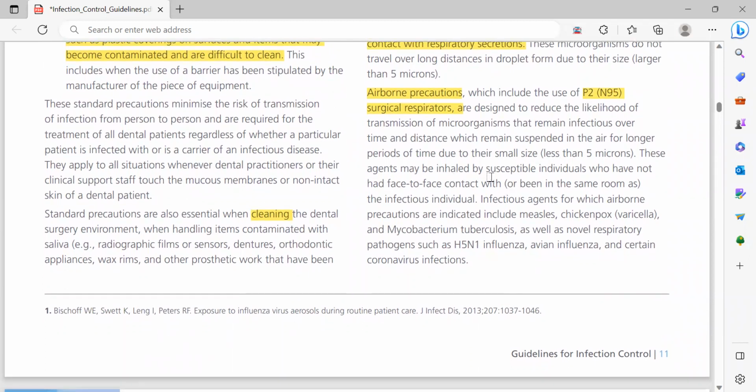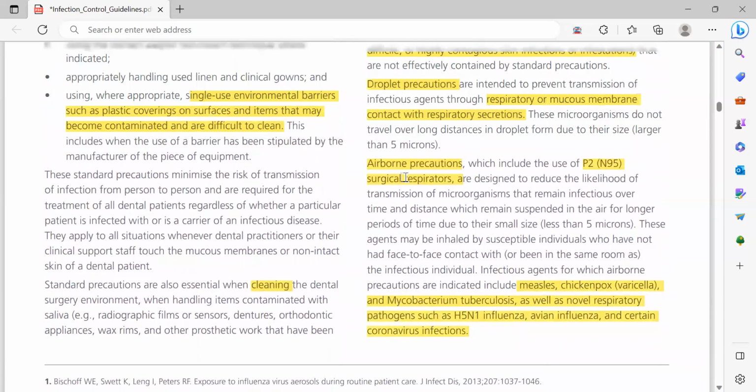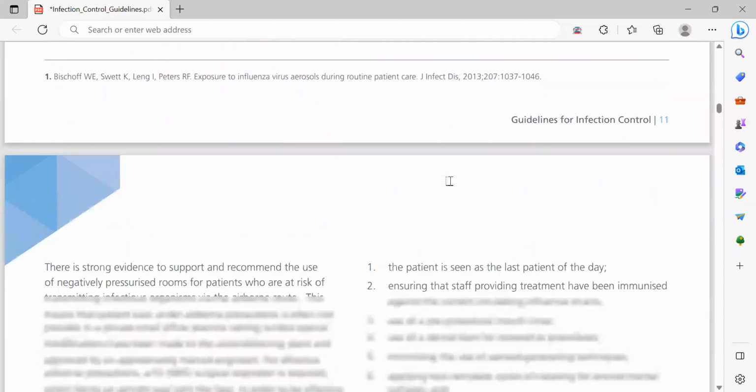Then these agents may be inhaled by susceptible people. Okay, so infectious agents for which airborne precautions are indicated include measles, chickenpox, Mycobacterium tuberculosis, and novel respiratory pathogens like H5N1 influenza, avian influenza, and coronaviruses. So you need to follow these airborne precautions, which is the P2/N95 surgical respirator.